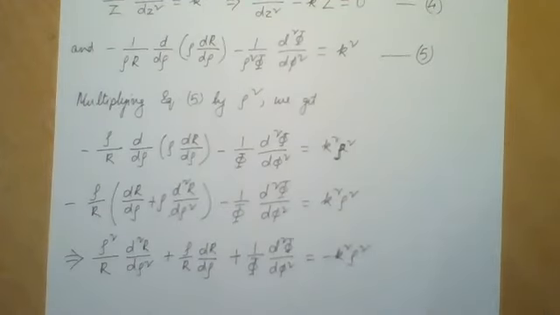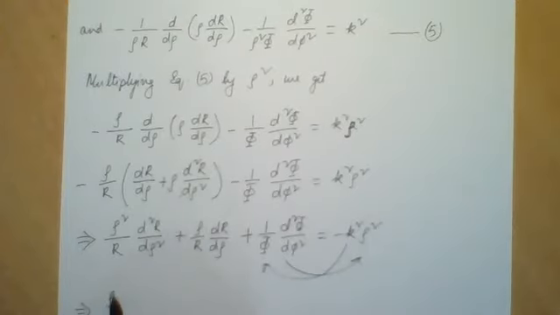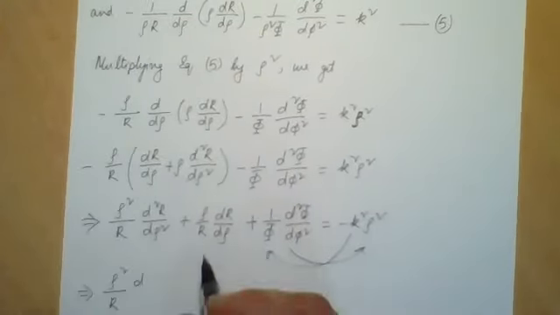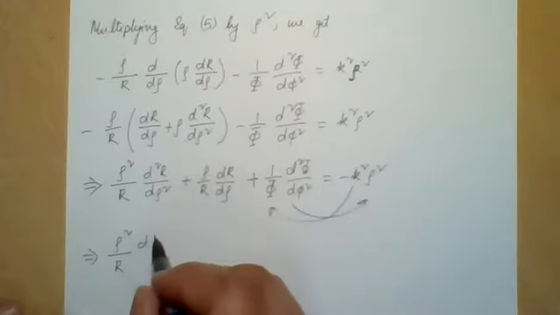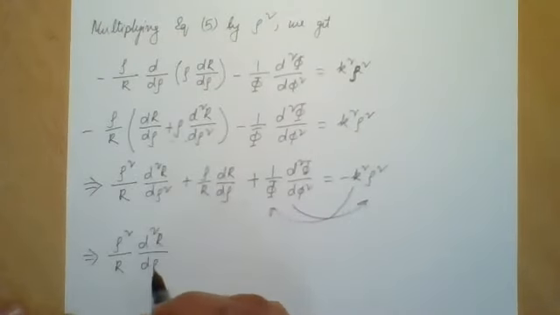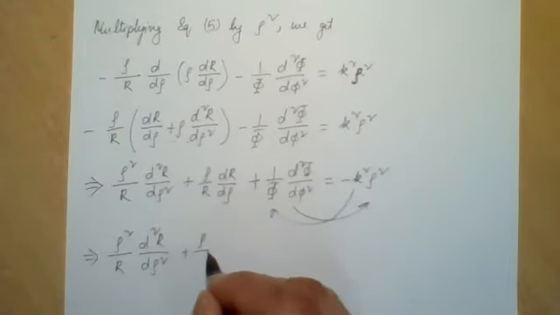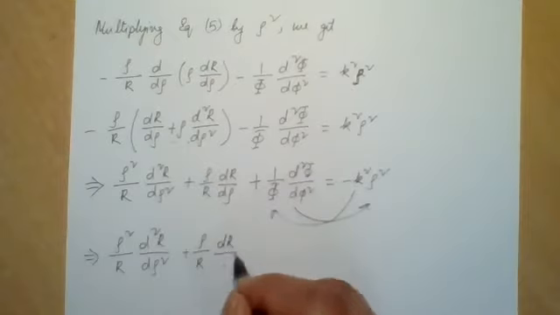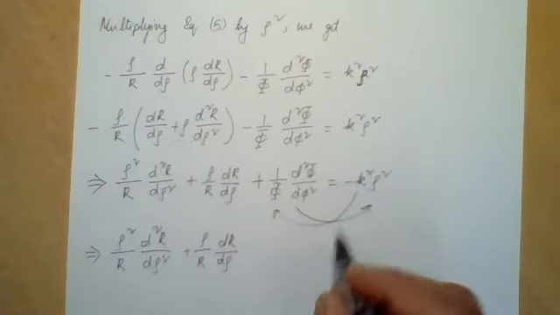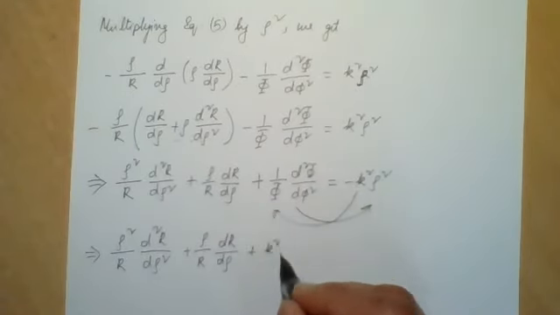So we get rho square by R d2R by d rho square plus rho by R dR by d rho plus k square rho square, this is equal to minus 1 by phi d2 phi by d phi square. This we call equation number 6.